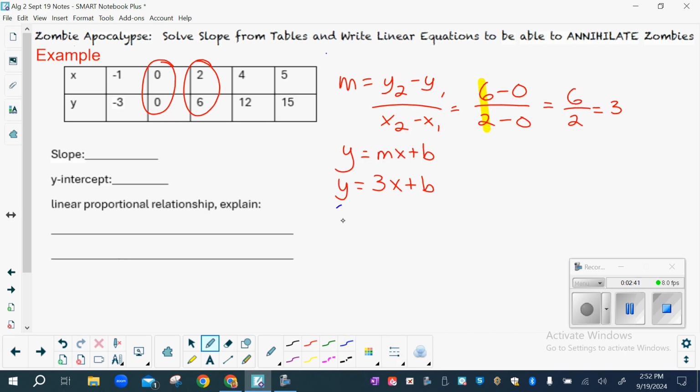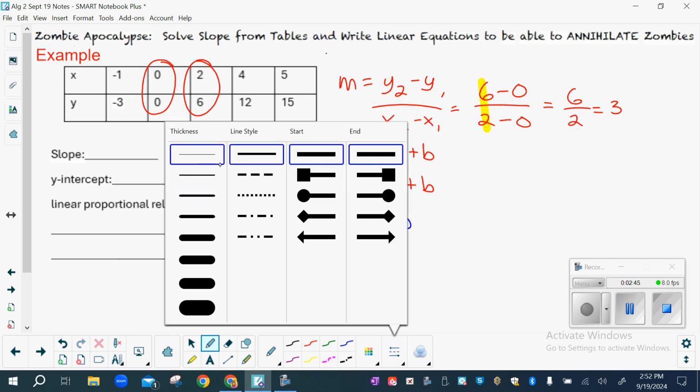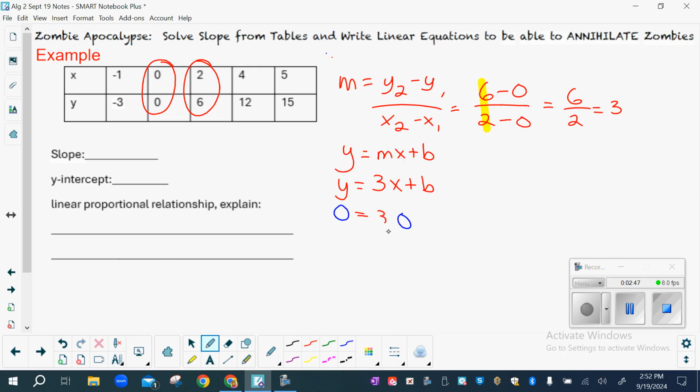Yeah, good. Like that, making it easier on yourself. So then 0 equals 3 times 0 plus b. And so b is equal to 0. So our equation of our line will be y equals 3x plus 0, or 3x.